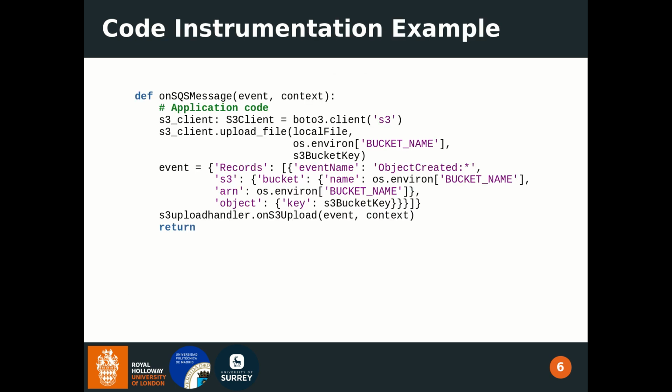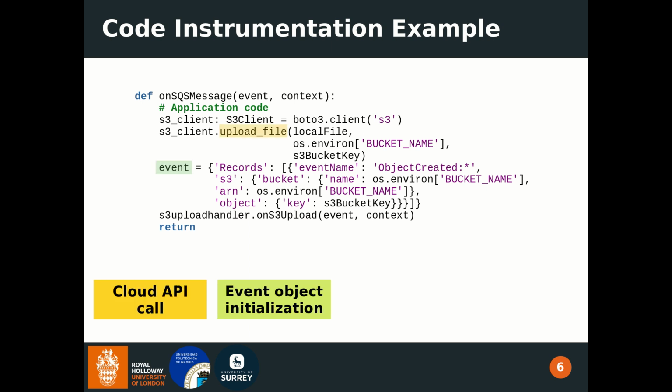Considering the importance of the CloudFlow representation, let's analyze how we instrument the upload file API call in our motivating example. We start with the initialization of the event object, which contains an approximation of the encapsulated data structure.